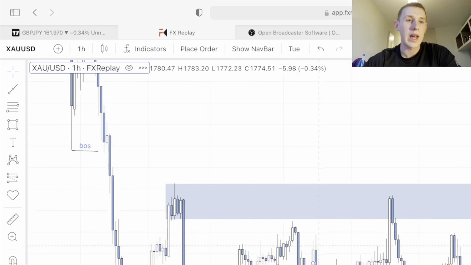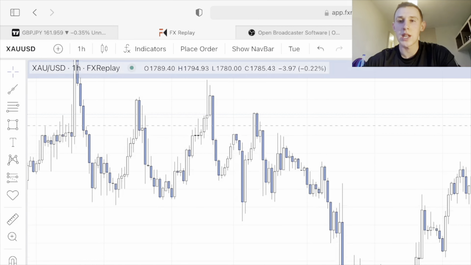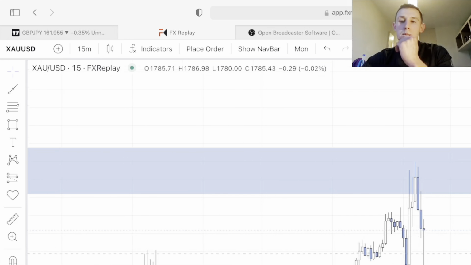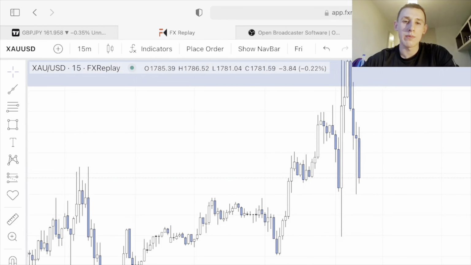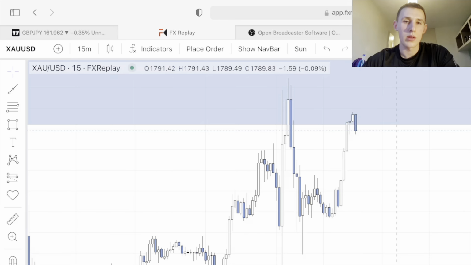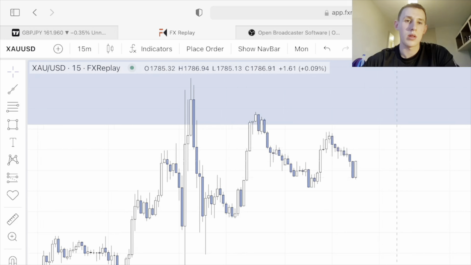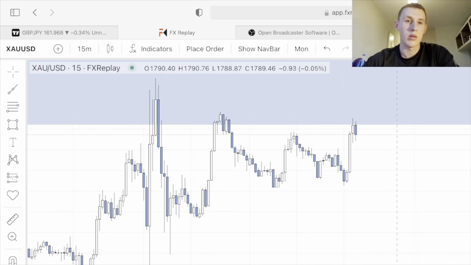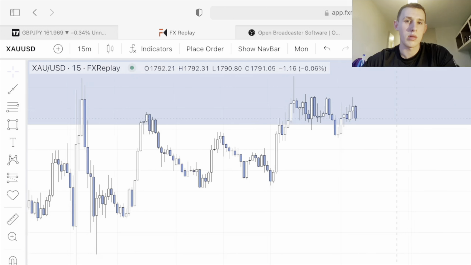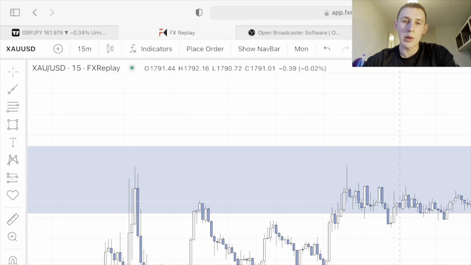If it breaks, then it could actually turn bullish, but we'll just have to see if price reacts here or not. See if we get a break of structure. Not really doing anything at the moment.